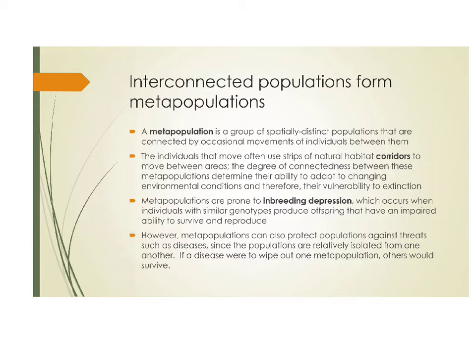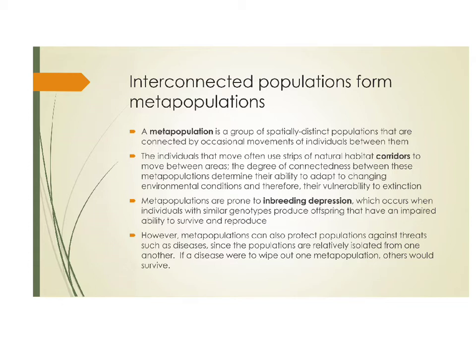However, metapopulations can also protect populations against threats such as diseases, since populations that are relatively isolated from one another have limited disease carriers, because only a few organisms are actually using these habitat corridors to go back and forth between populations.